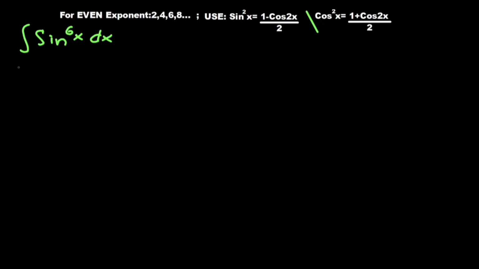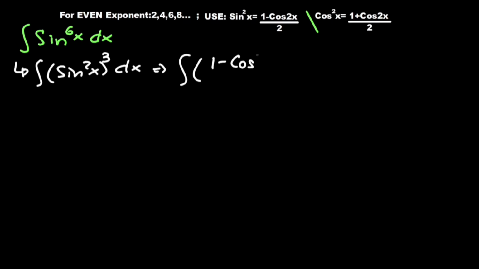The integral of sine to the power of 6 of x dx. So first we must put it in the sin² of x cubed form, dx. And so we will transform this now. So this would be 1 minus cosine 2x over 2 raised to the power of 3 dx.